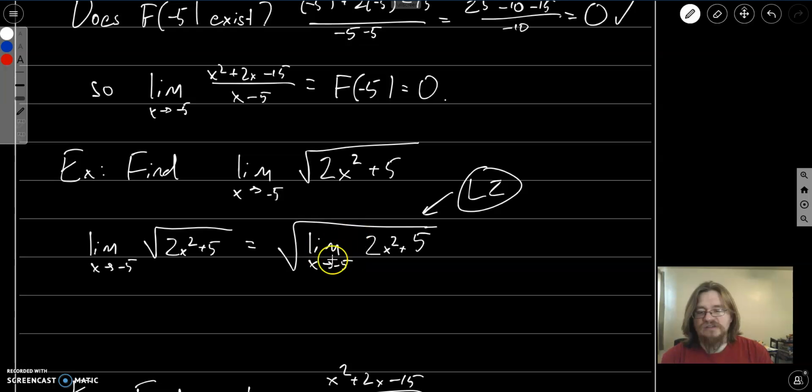Okay, so now I just need to take the limit of 2x squared plus 5. And just as an aside, in our scratch work, 2x squared plus 5 is a polynomial, so this is a rational function.